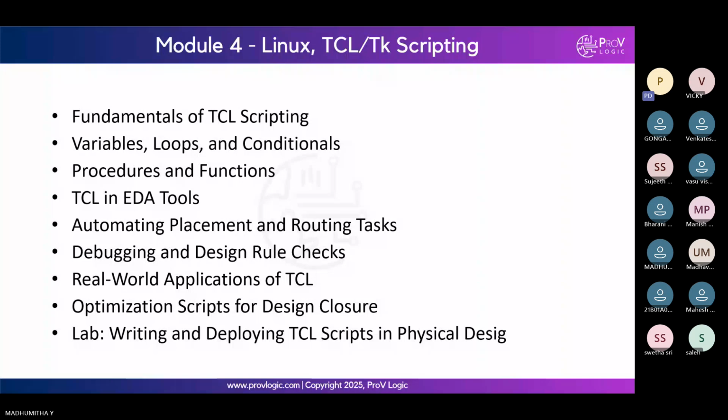Pipeline the design, retime the design. So I have mentioned a few of the timing fixes. We can use these methods to fix the timing violations.